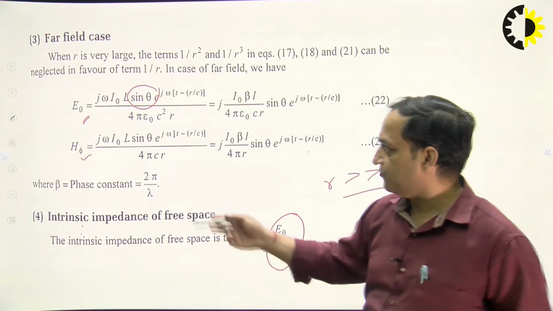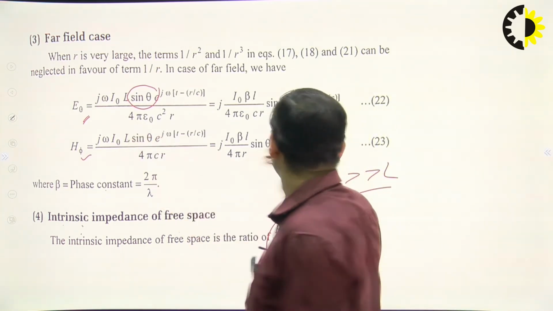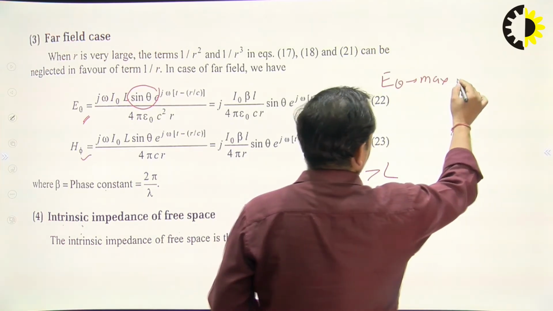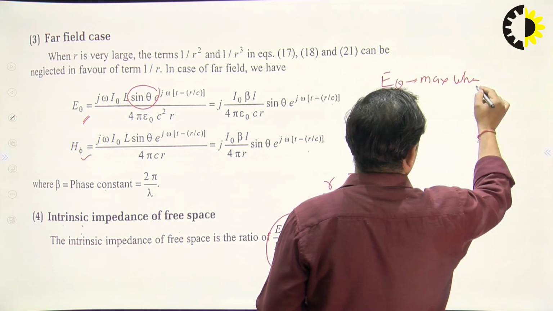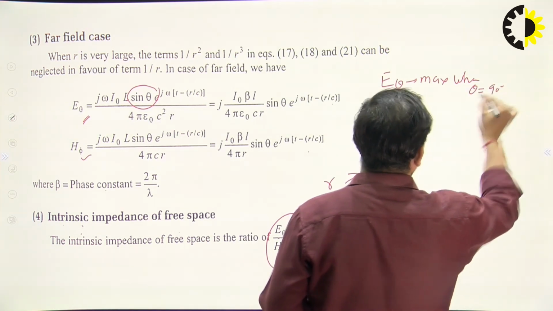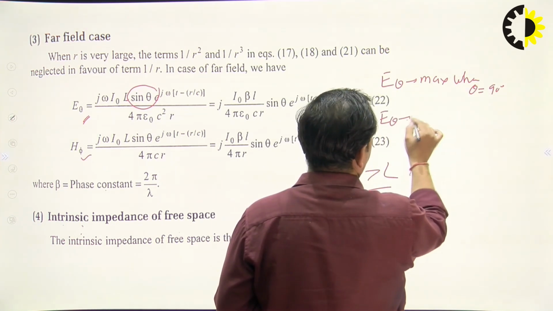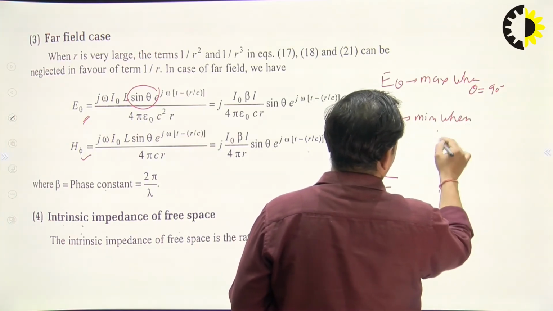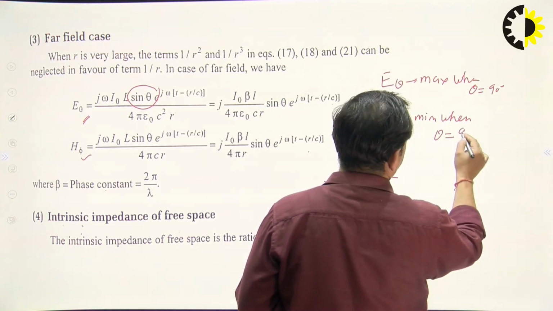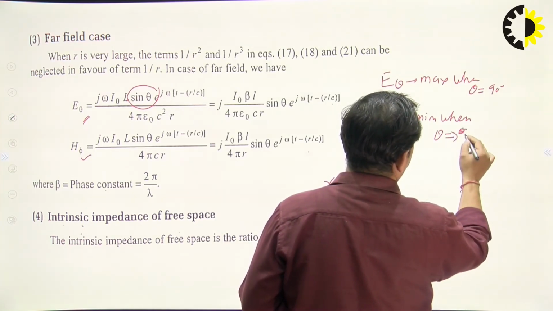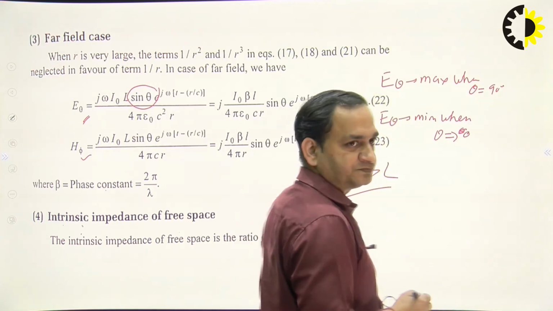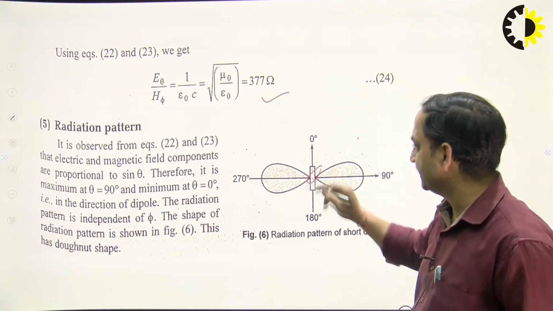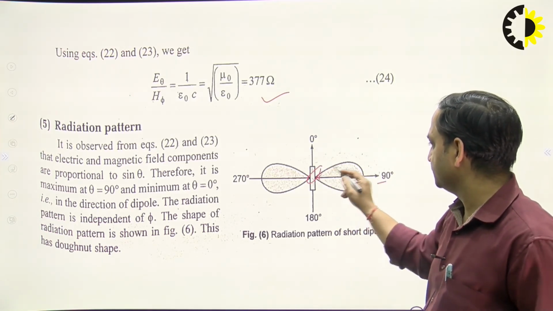So E theta will be maximum when theta is 90 degree, and E theta is minimum when theta is very small or 0. So at 0 we get the null point, and at 90 maximum radiation is observed.